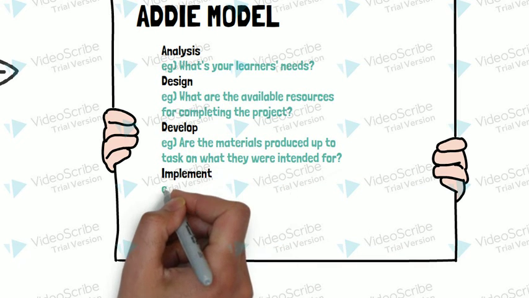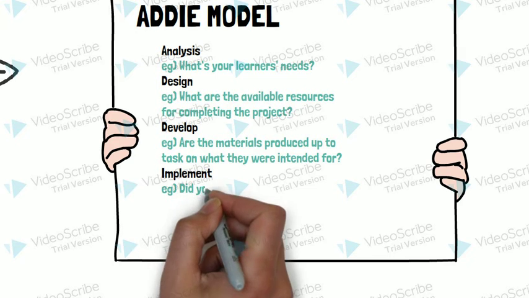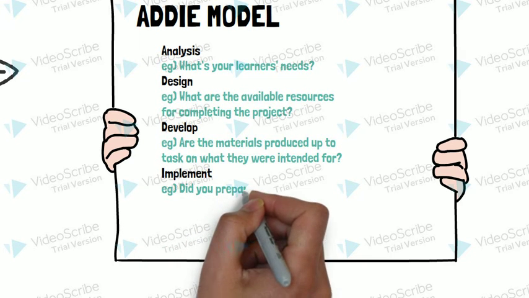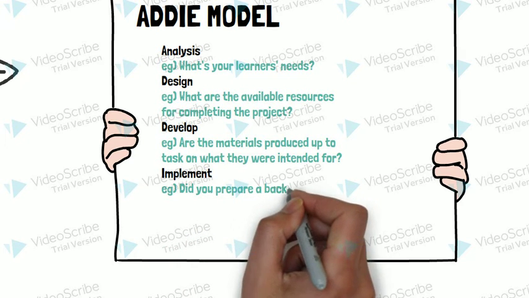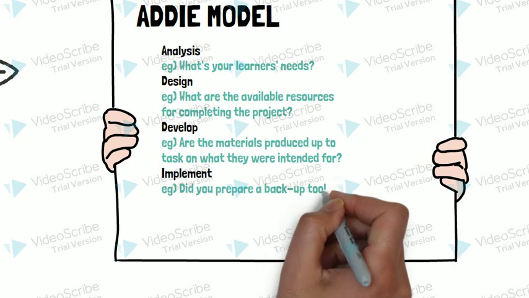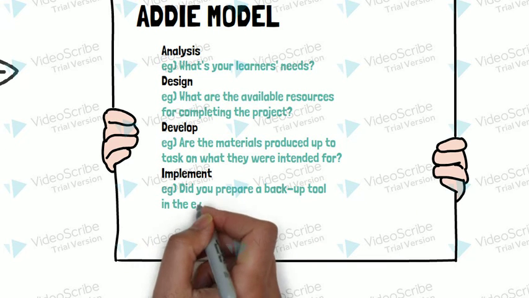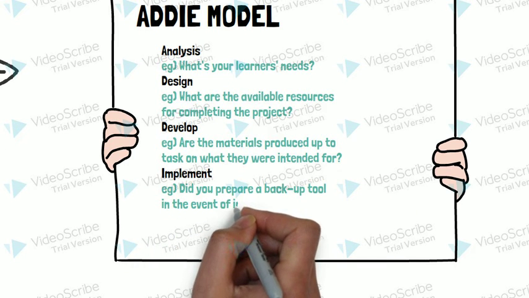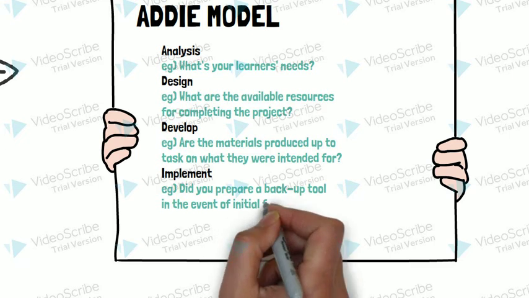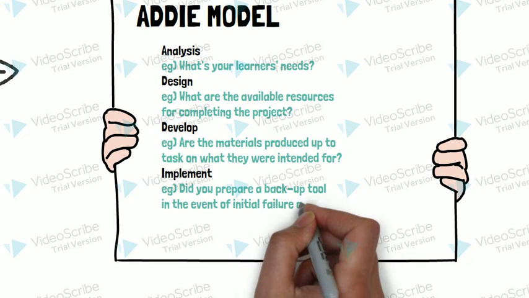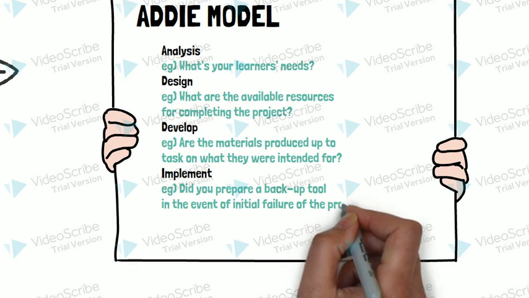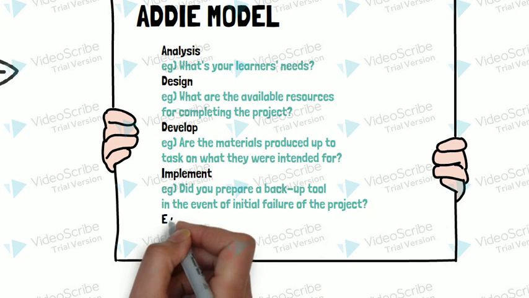And then we have implement. For implement, maybe your project is already finalized and uploaded, but the instructional designer should still monitor the whole situation. You need to think about, did you prepare a backup tool in the event of initial failure of the project?